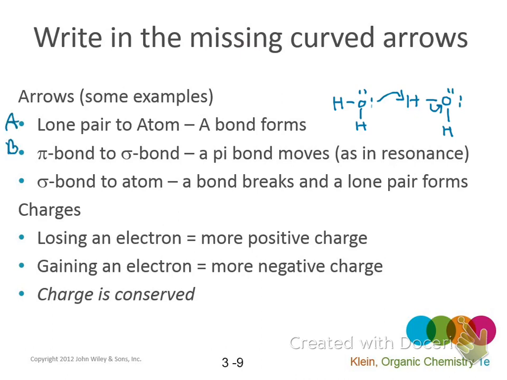A, B, and C. This is A, and this is C. So before we couldn't start from a single bond for resonance, because when you move a sigma bond, you change the skeleton. And remember, in resonance structures, you can't change skeletons. But you can use a pair of electrons to do that. Now we're showing reactions, so we can break sigma bonds. We're looking at reactions, so sigma bonds are broken all the time. By definition, they have to be.